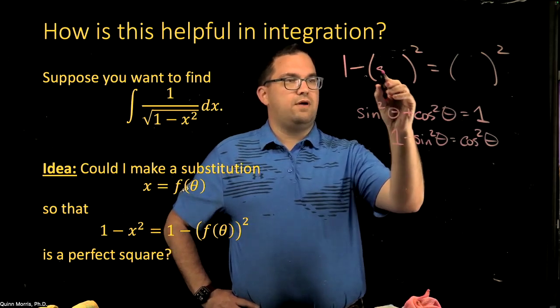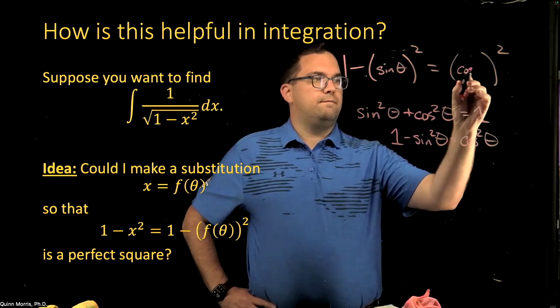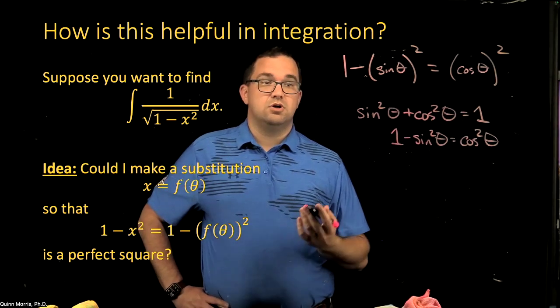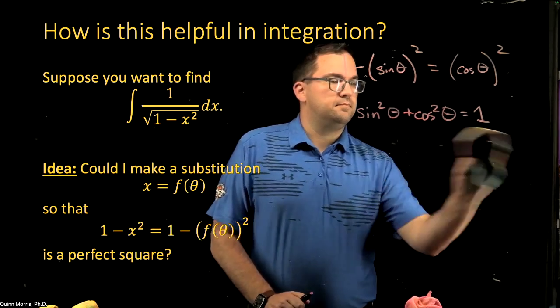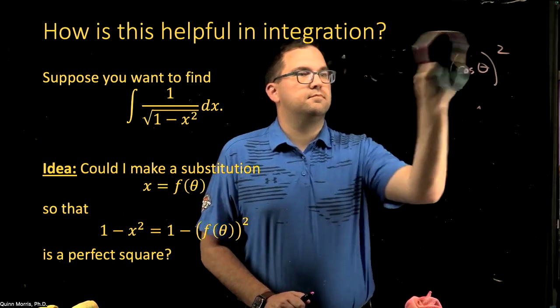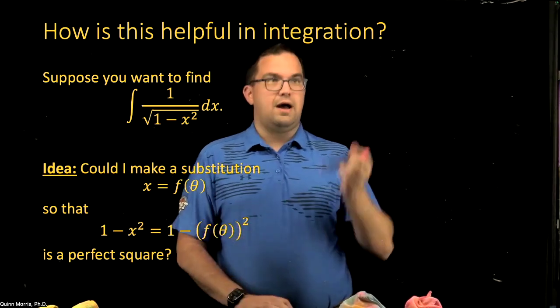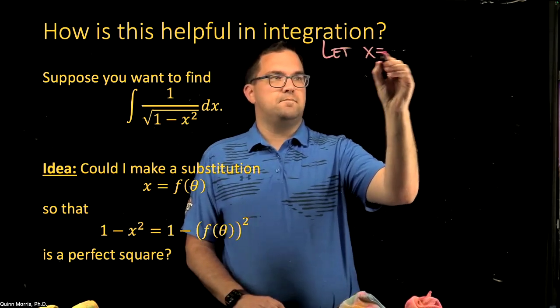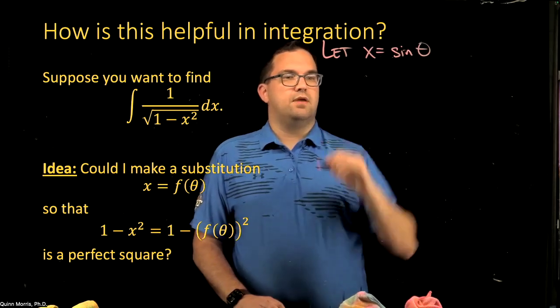So I might think, well, what if I put in sine of theta here, then I would get cosine of theta there. So let's actually try that substitution. So I'm going to set x to be sine of theta.